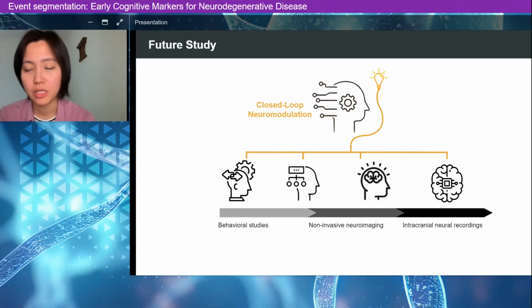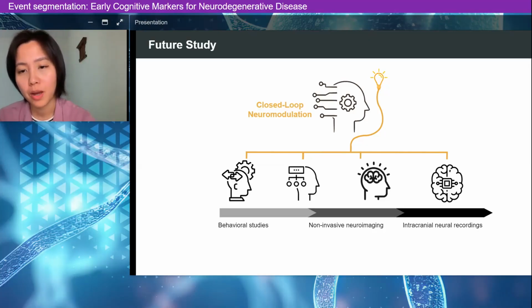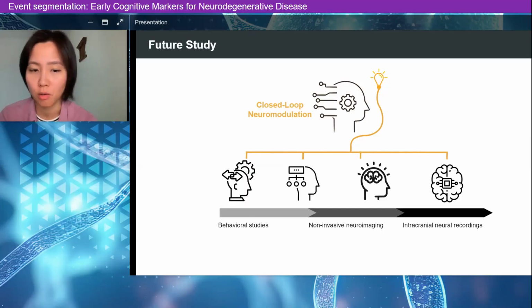For example, we can record the scenes people have seen through first-person cameras and use computational models to make a decision about event boundaries. When a suboptimal event boundary response is detected from the brain signals, then we can apply electrical microstimulation to help the brain identify the correct event boundaries and also enhance their memory structure and enhance the memory behavior in the long run.